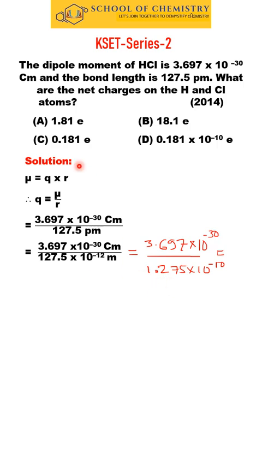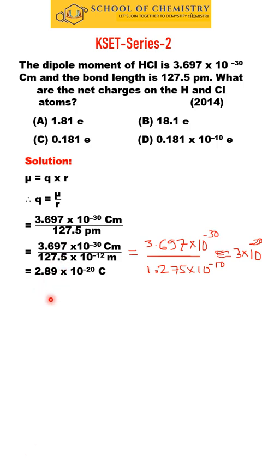The approximation works because, if you look at the options, the digits given are the same everywhere, 181 in all of them. So it is not necessary to do the exact division of 3.697 by 1.275; roughly we can calculate. 3.6 divided by 1.2 is 3, since 1.2 into 3 is 3.6. For the powers of 10, here it is minus 10 and there it is minus 30. Taking the minus 10 above makes it plus 10, so the net power is 10 raised to minus 20. Fine. Of course, this is the approximate value.